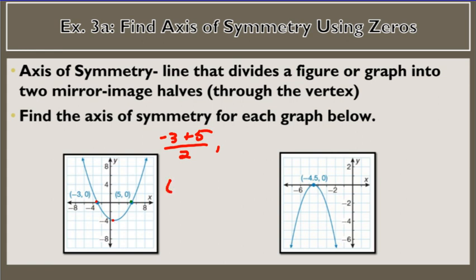And if I take my y, 0 plus 0, divide that by 2, will give me my y value. So negative 3 plus 5 divided by 2 would give us 1. Our y, 0 plus 0 divided by 2 is 0.